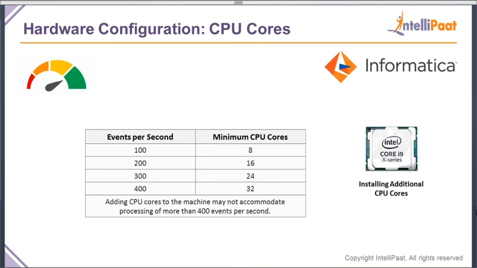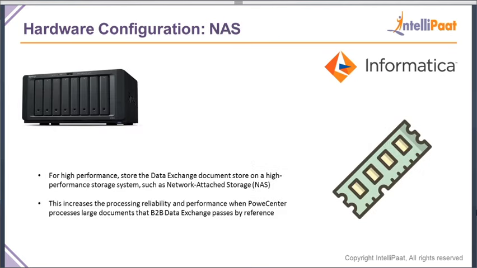So the next part is hardware configurations. If we have any laptop, the minimum required is 6 GB RAM and then 1 TB hard disk and Core i5. These are the best configuration, at least the minimum, these three.